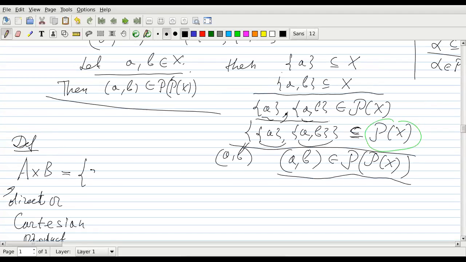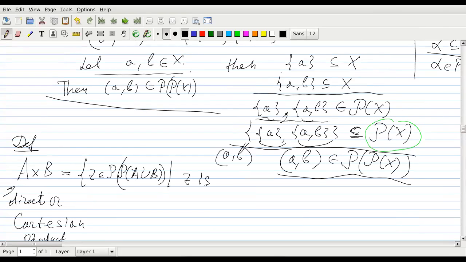Formally, this is the set of all elements Z of the union of A and B of this set, which is a pair.